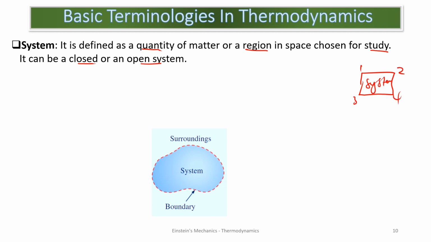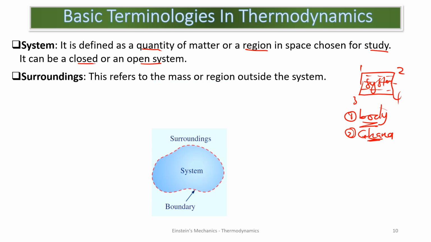My system. Are we good? Anything I want to study, the particles, what is happening inside this, the whole thing becomes my system. So if I want to study one particular human body, the entire body becomes what? The system. If I want to study Ghana, the entire country now becomes what? My system. Hope it's clear.